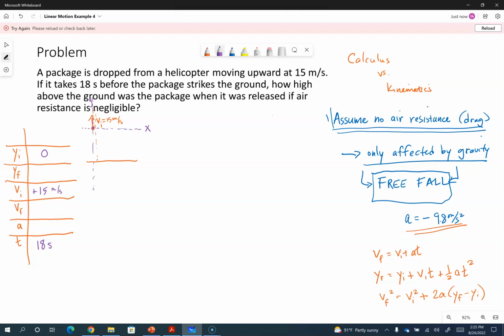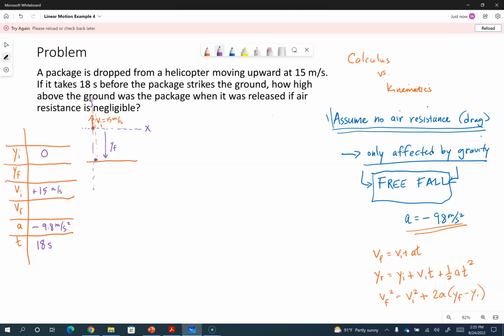So the package finally is going to be down here at ground level, which means y final is going to be negative. Ultimately, it's asking how high above the ground the package was when it was released. So we're essentially looking for y final because that represents how far below the origin the package will be. We know acceleration is downwards at 9.8 meters per second squared, so I can fill that in.